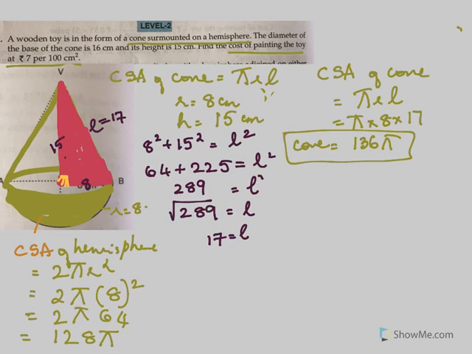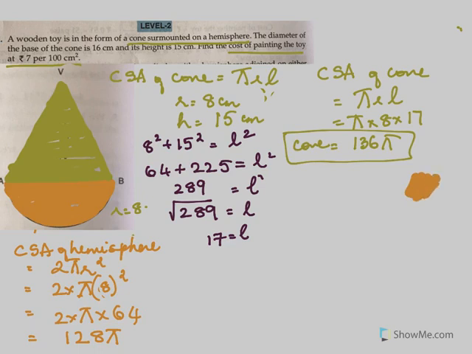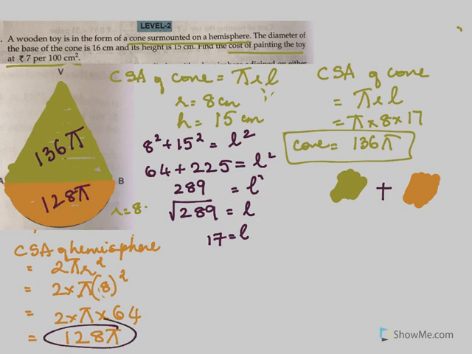So here we have two figures. We have two surfaces, this surface of the hemisphere plus this surface of the cone, and we need to add both these surfaces up. This surface of the cone we already calculated is 136 pi, and that of the hemisphere is 128 pi. So let's add up: 136 pi plus 128 pi is equal to 264 pi.